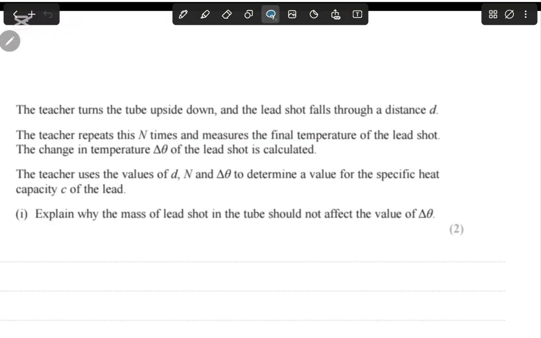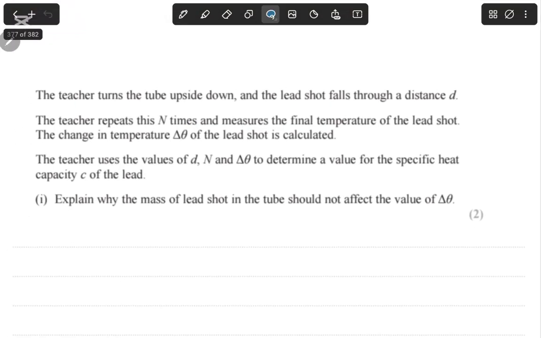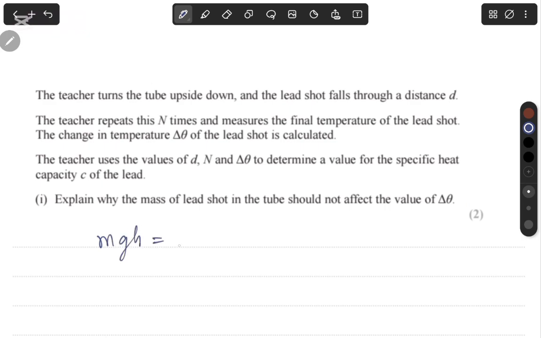So they're asking you to explain why the mass of the lead shot should not affect the value of change in theta. So you can use lead shot of any mass. Okay, it can have 5 kg, 10 kg, it doesn't matter what the mass is, because mgh equals mc change in temperature.